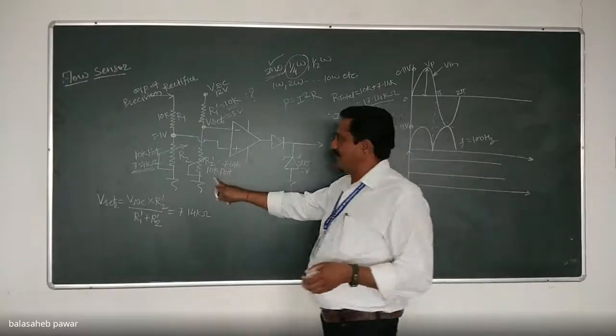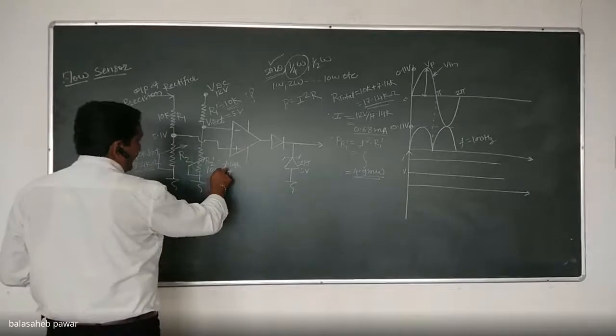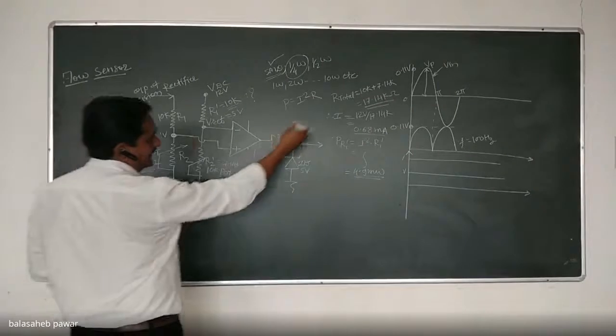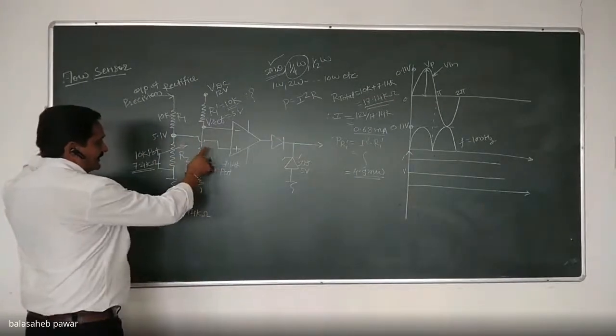So find out, if that R2 dash is set at 7.14K, how much current is flowing through it? You already determined it, that is 0.68 milliampere. How much will be the power drop across that R2 dash?